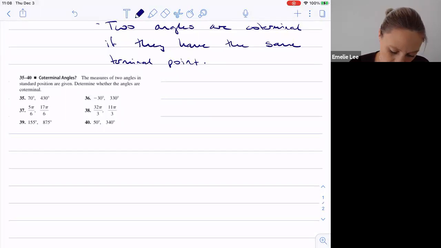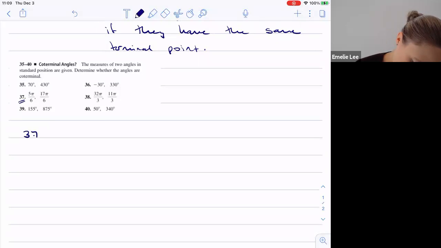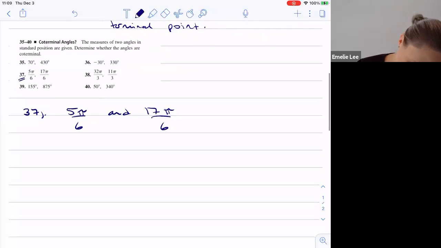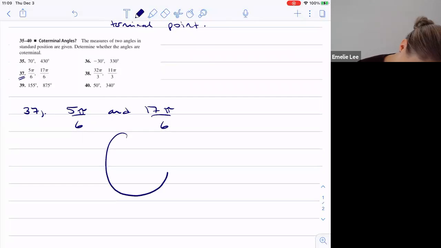So let's do number 37. We've got 5 pi over 6 and 17 pi over 6. We're going to see if they're coterminal, meaning they have the same terminal point. Now, 5 pi over 6, we know what that looks like, right? And we can draw the unit circle.